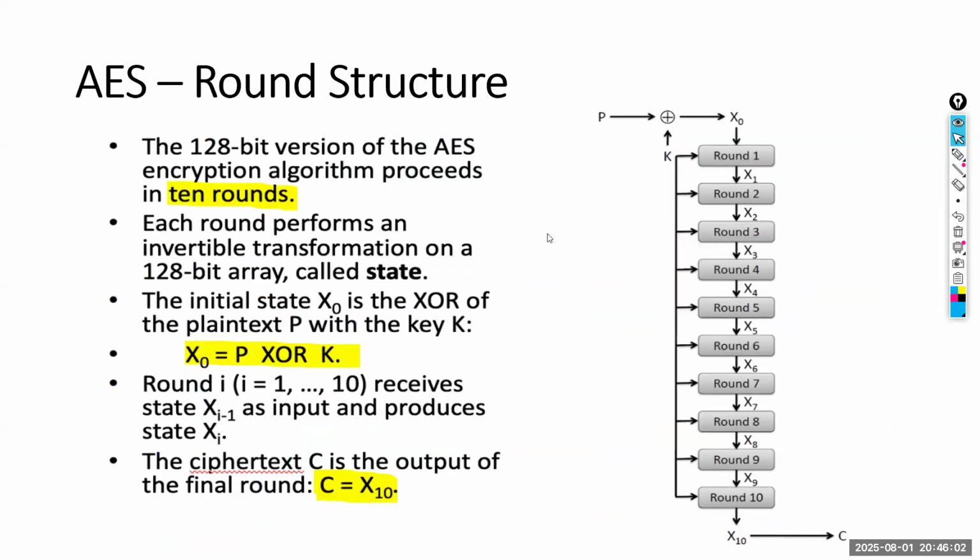And again, remember AES uses 10 rounds of processing, and your final ciphertext is the 10th output.